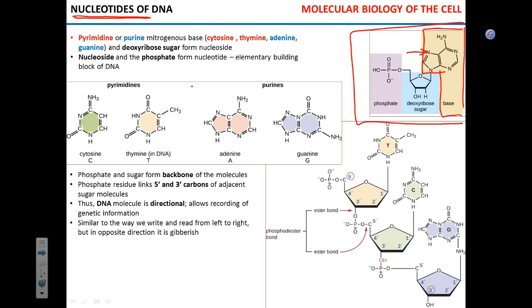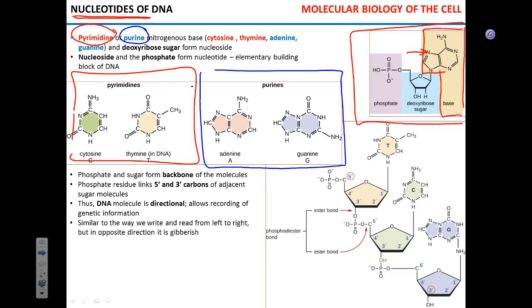Okay, there are different types of nitrogenous bases. There are pyrimidines, like these two, cytosine and thymine, and there are purines, like these two, adenine and guanine.